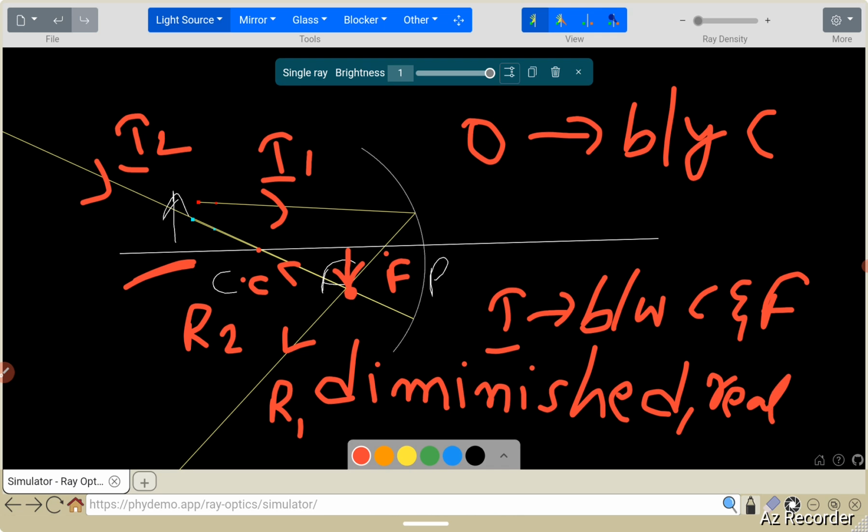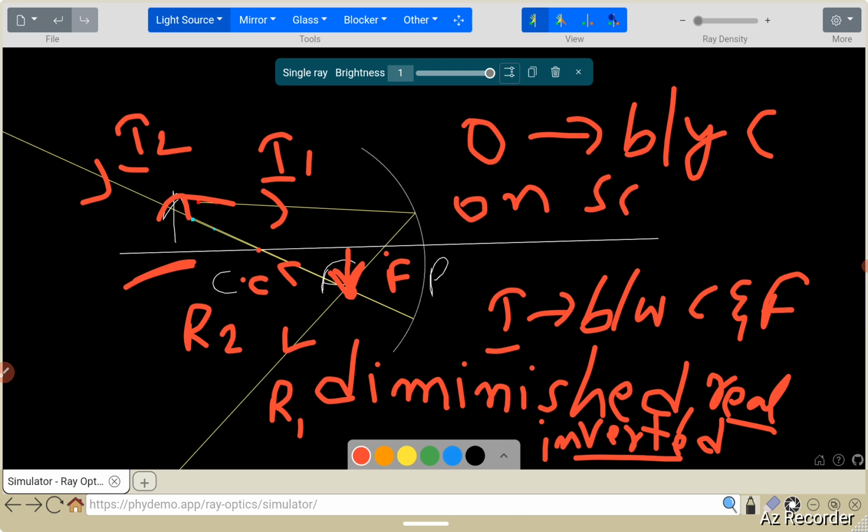And observe the heads. The object head we have taken like this, and from this we have taken the light. Now the image head is downwards. That means it is said to be an inverted image. Now all the real images are inverted and they can be taken on a screen.